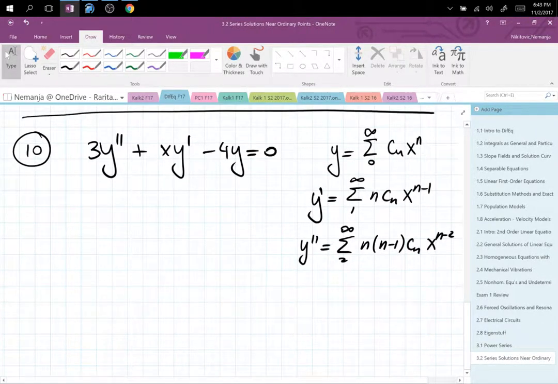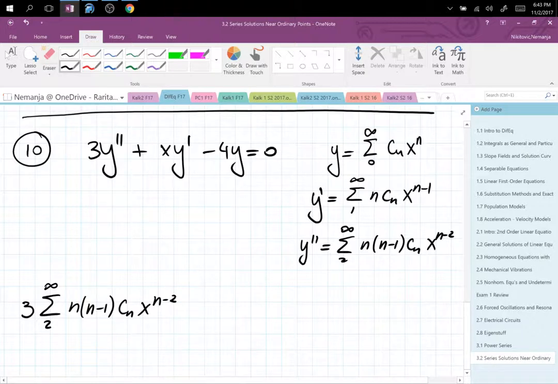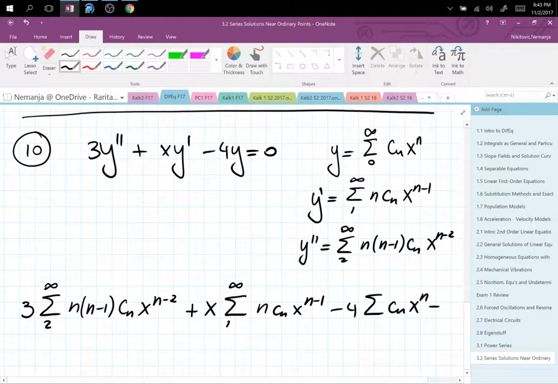So now I'm substituting everything. This is going to be 3 times the second derivative. So 3 times the summation from n equals 2 to infinity of n times n minus 1 cn x to the n minus 2, and then I have plus x times the summation 1 to infinity n cn x to the n minus 1, minus 4 times the summation cn x to the n equals 0.